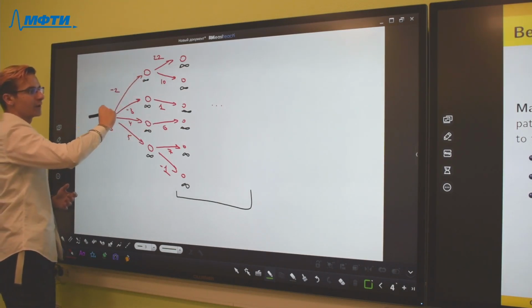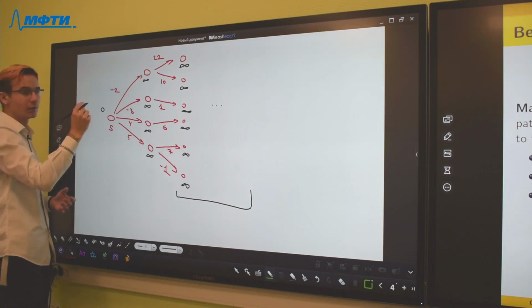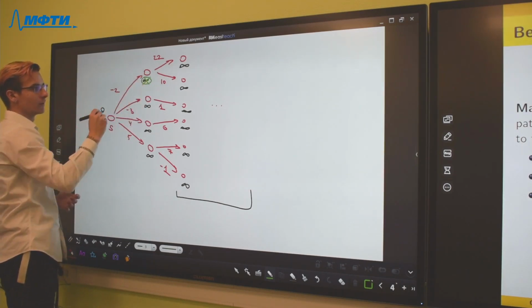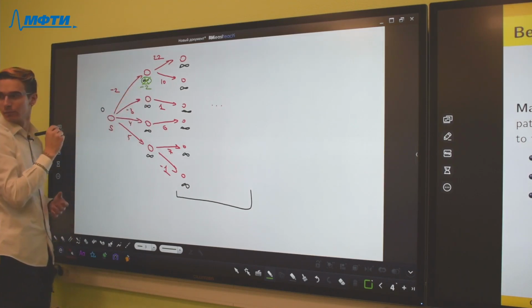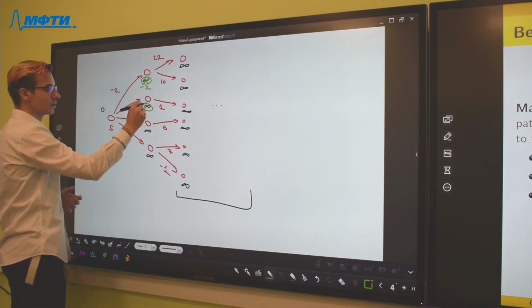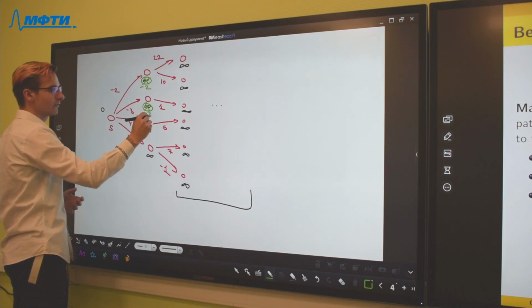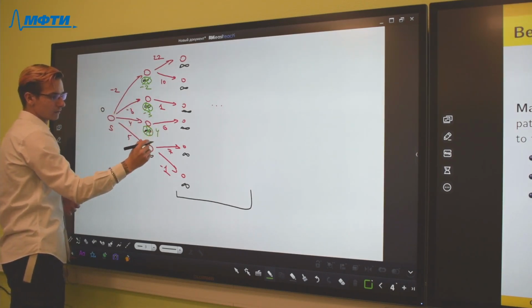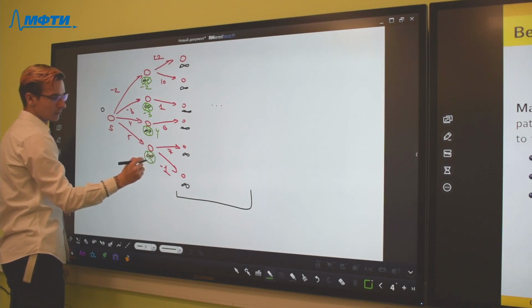Because when we relax this edge, we change this number to -2. Then we change this number to -3 when we relax this edge. And this too.